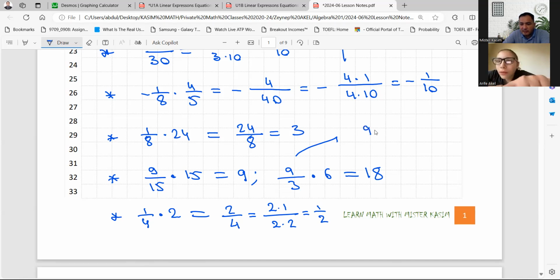Here I can write 6 as 3 times 2. And here we have 3. This 3 is gone, right? So which is equal to 18. 9 times 2 is 18.